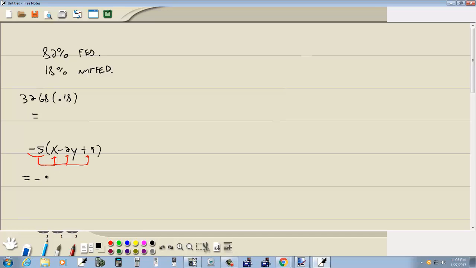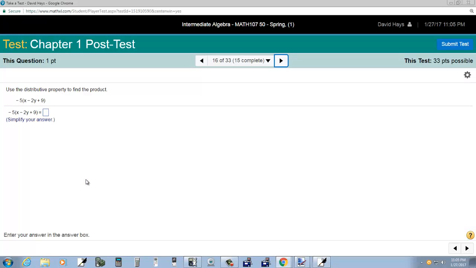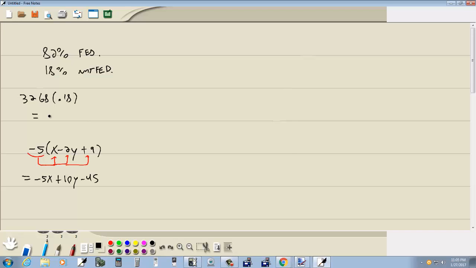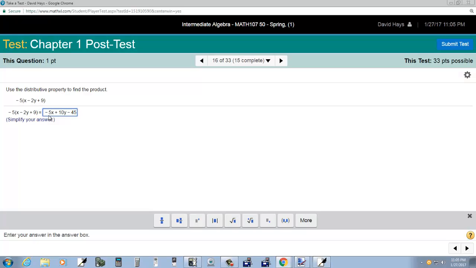Negative 5 times x is negative 5x. Negative 5 times negative 2y is positive 10y. Negative 5 times 9 is negative 45. So we got negative 5x plus 10y minus 45. Simplify your answer. Okay.